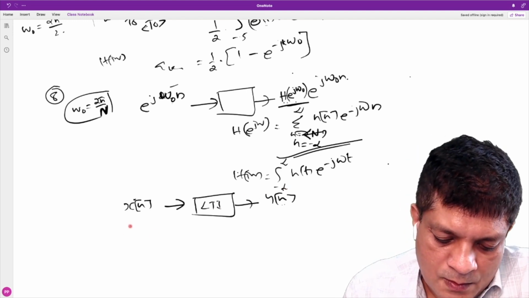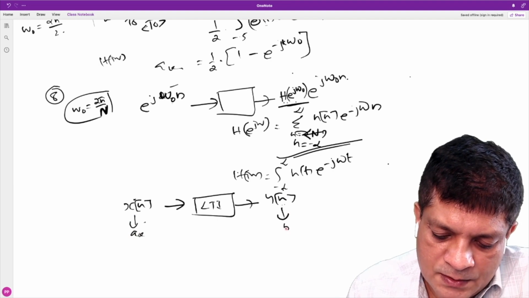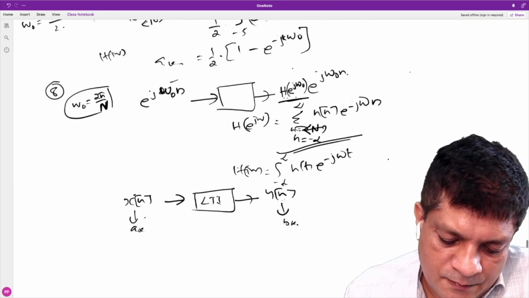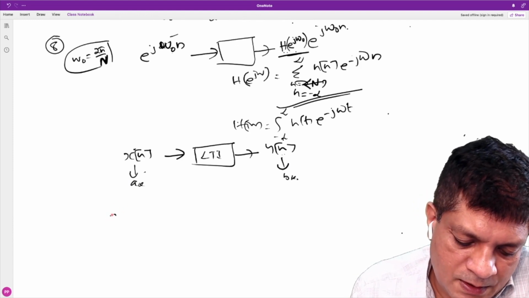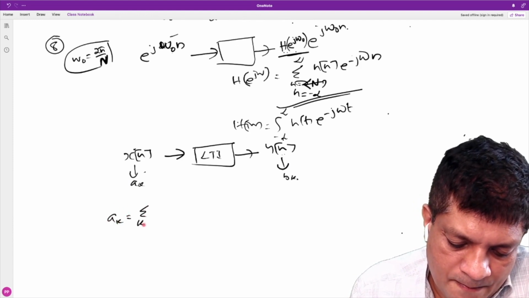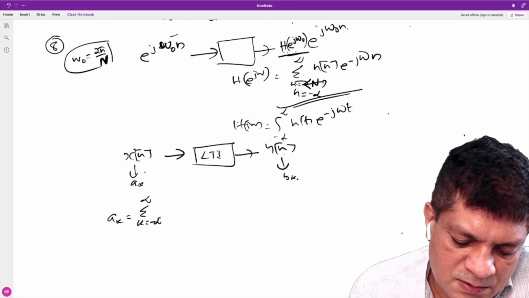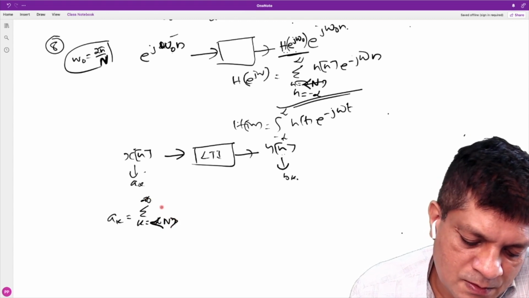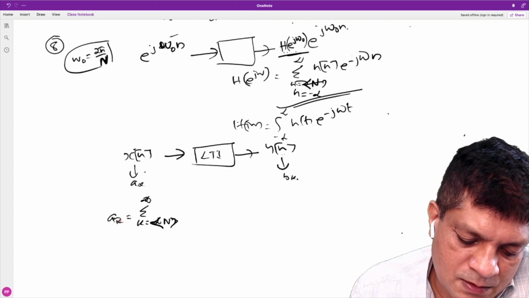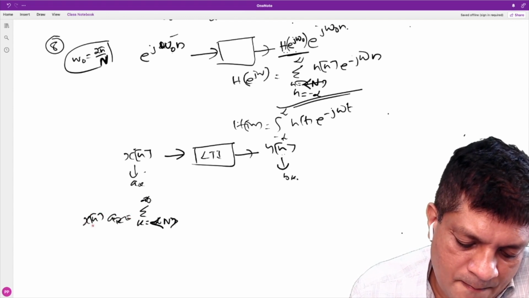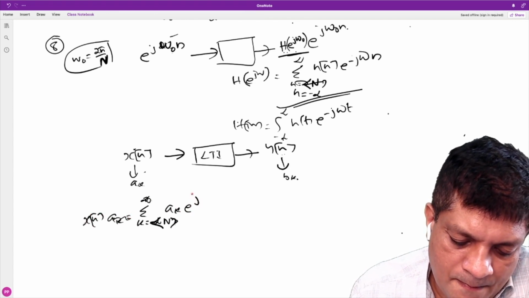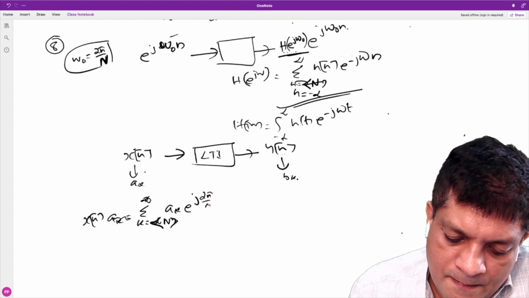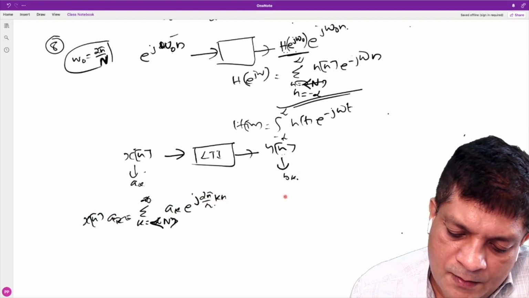If these are a_k, the Fourier series coefficients of x[n], and these are b_k for y[n], then we can write x[n] as a summation over one period, and y[n] similarly.